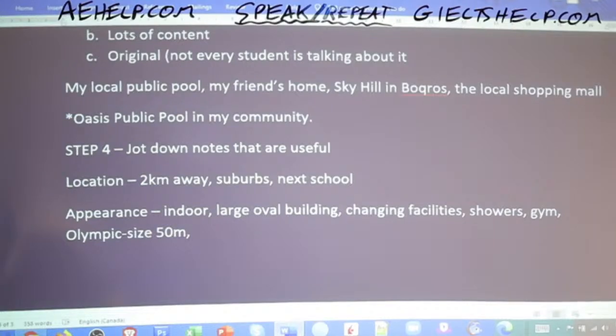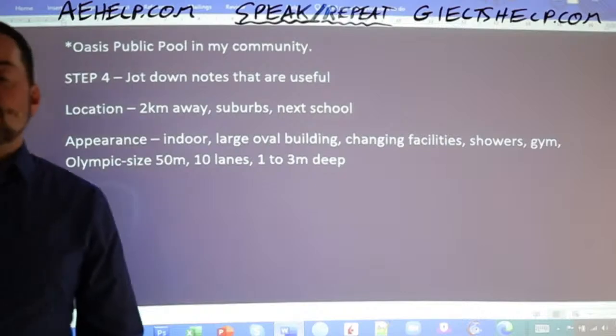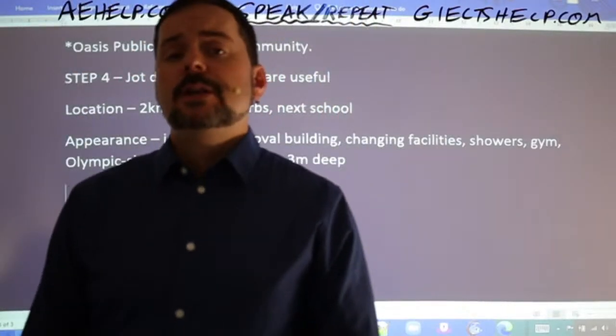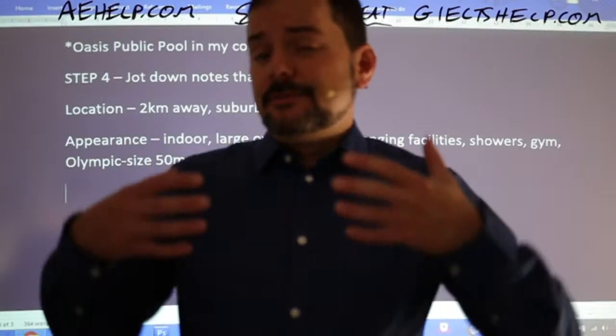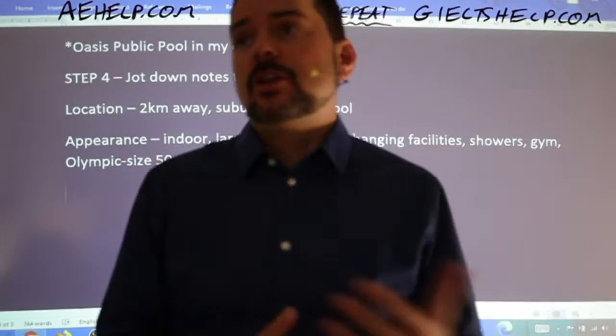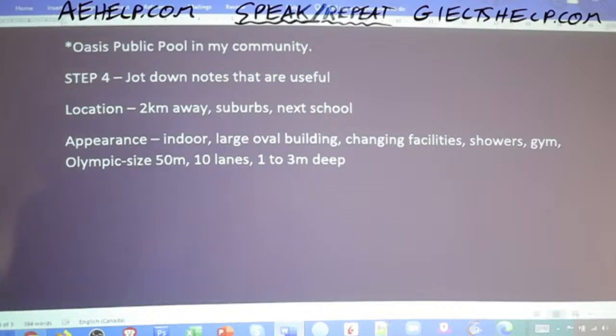So 10 lanes, 1 to 3 meters deep. Okay, good. All right, sure. Yeah, especially if it's a place we avoid going to, we want to be really clear on the appearance because we want our listener to kind of see or be able to imagine this place that we don't like going to. Okay. All right, so that's pretty good.